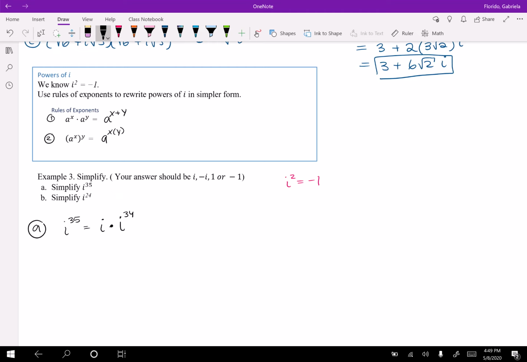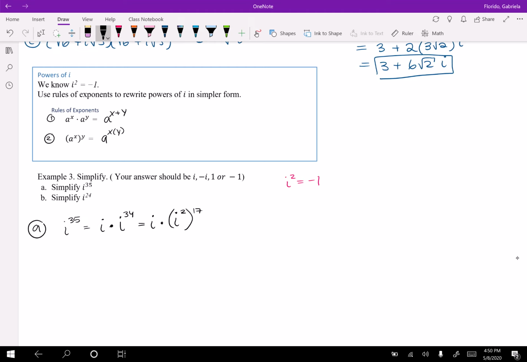But I do know that 34 is divisible by 2, so I can use property number 2 here. I could rewrite i to the 34th power as i to the second power raised to the 17th power, because we know that 2 times 17 is equal to 34.